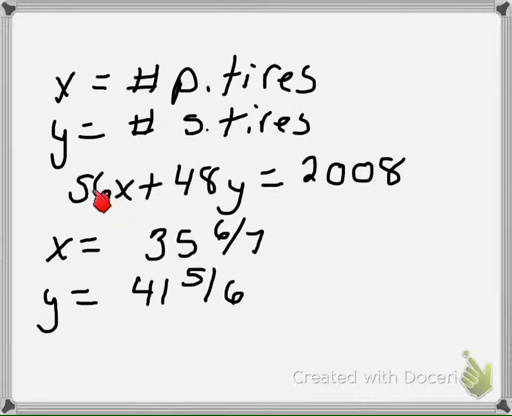And so I said 56 times the number of Prestige plus 48 times the number of Supremes is equal to $2,008. And then when I solved for my x and y intercepts by doing 2008 divided by 56, I got 35 and 6/7. I had to do a bunch of reducing. And when I did 2008 divided by 48 to get the other intercept, I got 41 and 5/6.